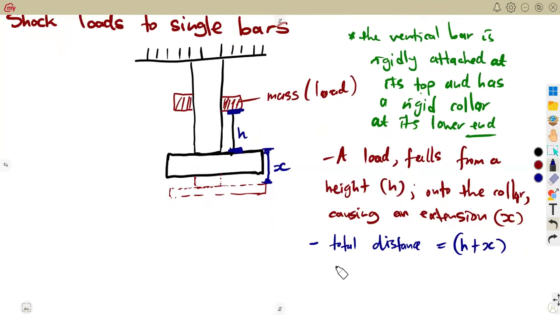Okay, the total distance the mass has fallen. So with this understanding that the mass has fallen from H and also an extension of X, so H plus X. This is the major characteristic of what you're seeing here. So how is this going to help us in the calculation, this and that?